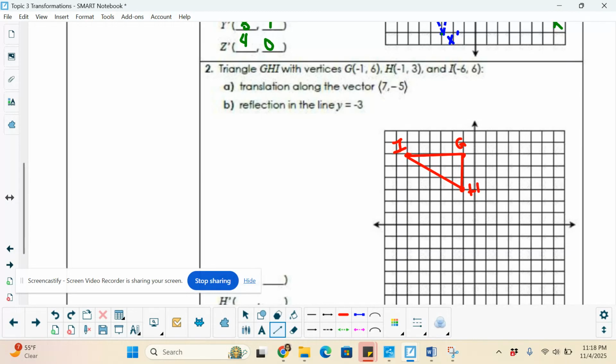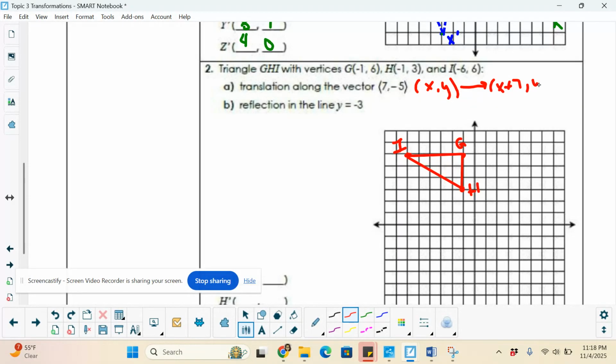Okay. Now, the first thing I'm going to do is a translation. And I know that it doesn't have the x, y, so I'm going to rewrite this. It means the same exact thing as x plus 7, y minus 5. It's just written a different way.